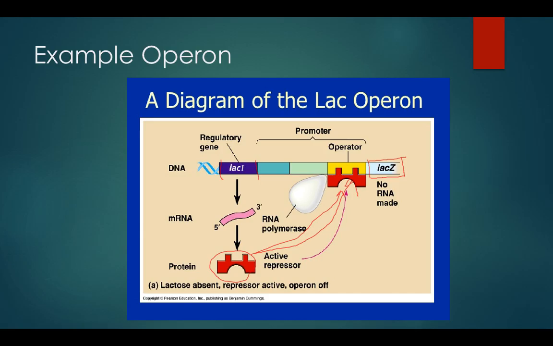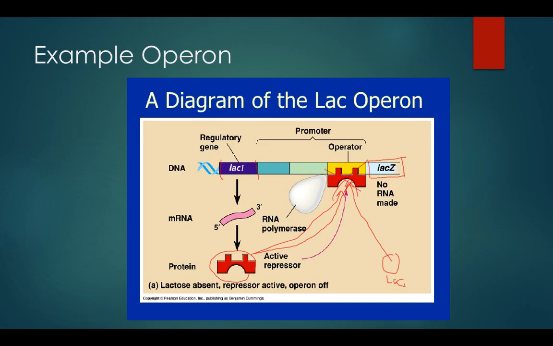Now, how this gene works is that if lactose, so lactose being milk sugar, LAC for lactose, if lactose comes in, it's going to bind to the repressor right here. And when it binds, it's going to turn off the repressor.